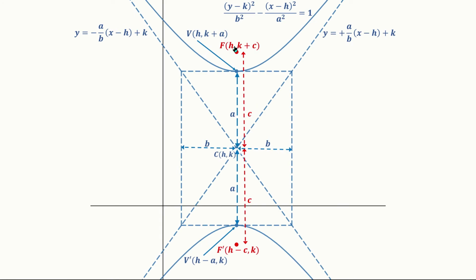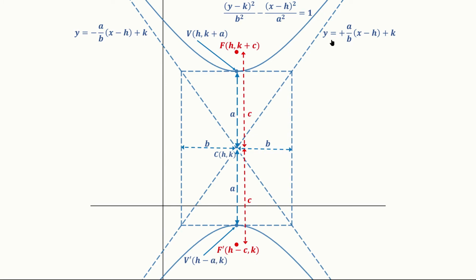And very similarly for these up-down vertical hyperbolas, again, locate your center. You go up a units, down a units, right b, left b, construct your rectangle, then draw your asymptotes, and go ahead and draw your hyperbola, starting at the vertices, knowing that there is going to be a difference in that, because the y term here is the positive one, you know it's going to be one of these up-down ones.